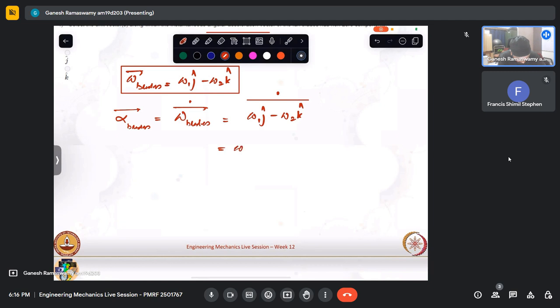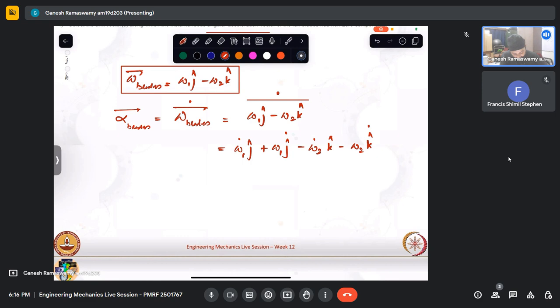It will be omega 1 dot j cap plus omega 1 j cap dot minus omega 2 dot k cap minus omega 2 k cap dot. Now once we have written this, we can see from the question which are the quantities that exist and which are those that don't exist.